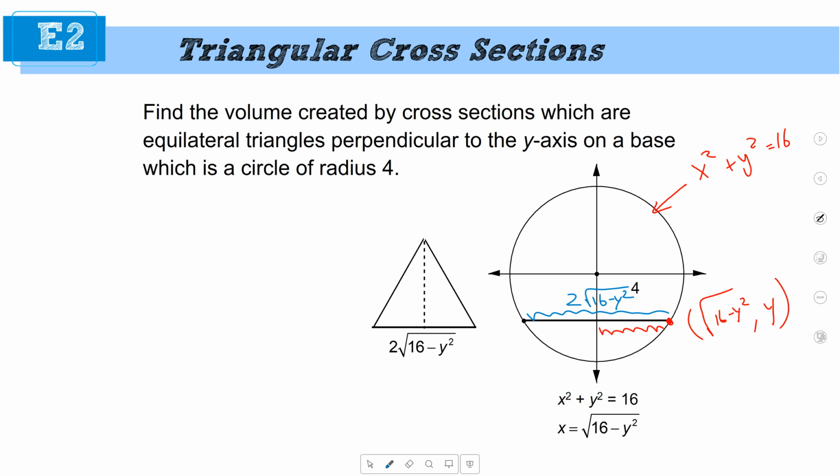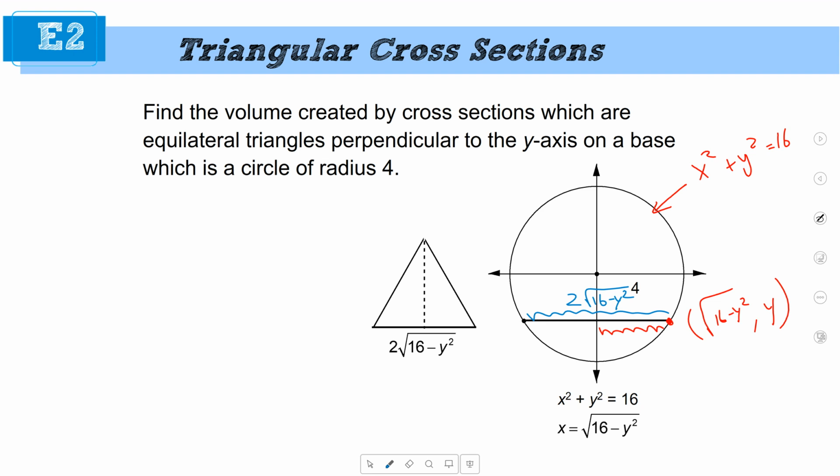Mason, your turn. I don't know what kind of riffraff you had for geometry, but how would you find the area of that equilateral triangle? Because if you can help us find the area of that equilateral triangle, we're pretty much golden. Well, it would be the base times the height, which should be... I think we all see where you're going with this, right?